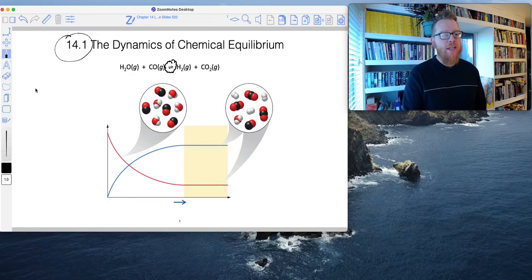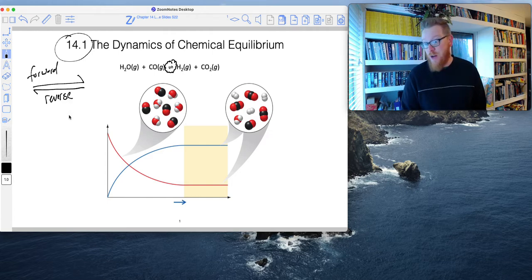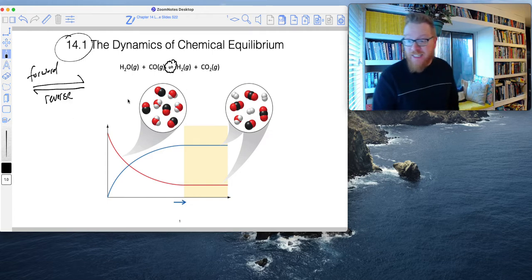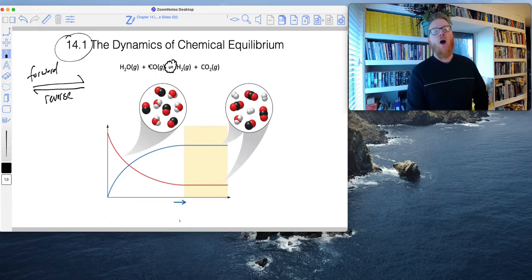And it shows that there is a forward reaction, but it also shows that there is a reverse reaction. So in other words, in these equilibrium reactions, reactants, in this case steam and carbon monoxide, can go on to form products.